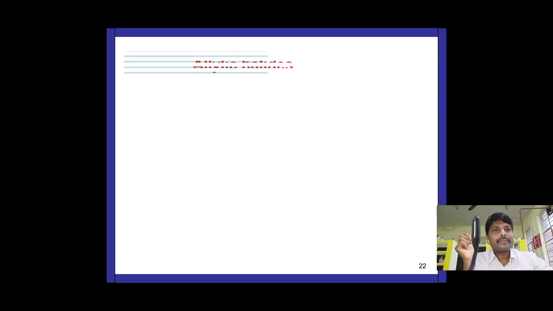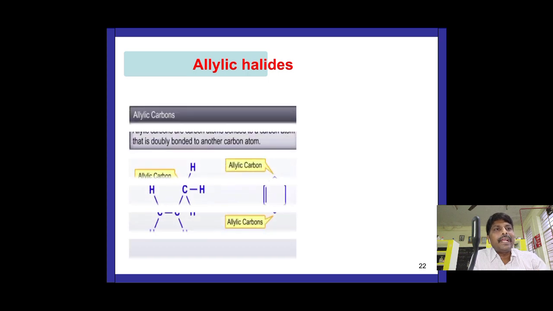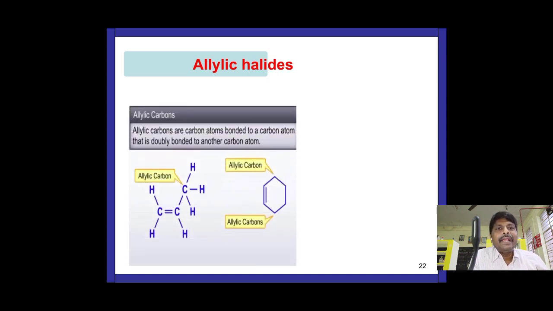Now we will see allylic halides. Before going to allylic halides, what is meant by allylic carbon? To understand allylic carbon, you have to take one example containing three carbons. Allylic carbons are carbons bonded to a carbon atom that is doubly bonded to another carbon atom.